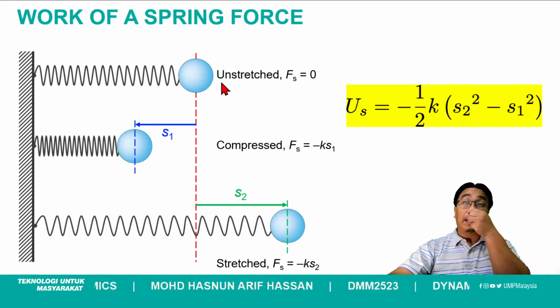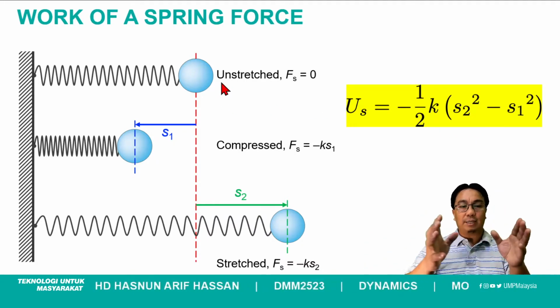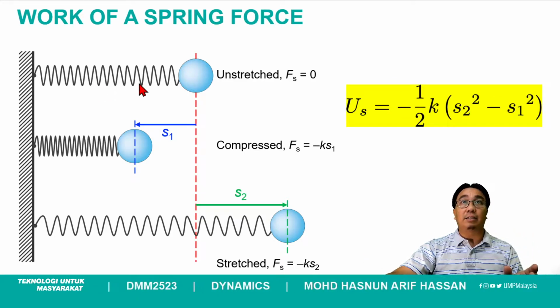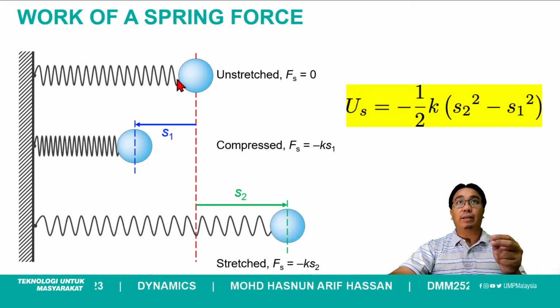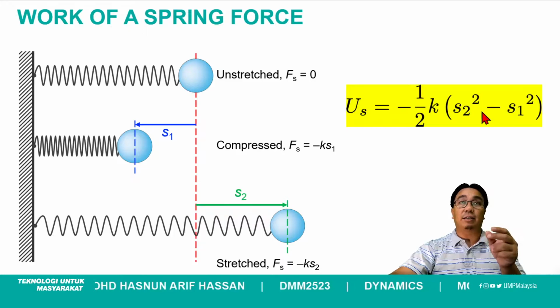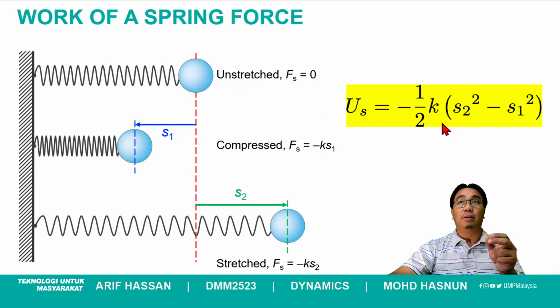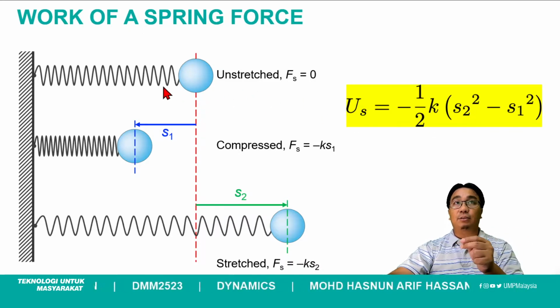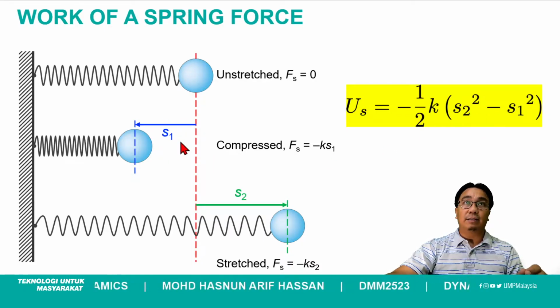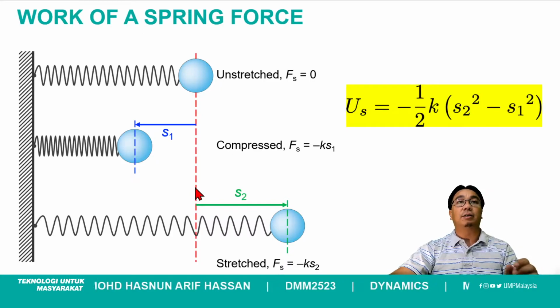So if the spring is originally unstretched, at its natural position, S1 is the natural position, therefore S1 equals to 0. If natural position, S1 equals to 0. And then the spring, let's say, is compressed. So S2 now becomes the compression length.